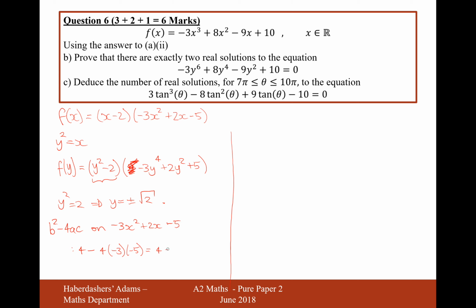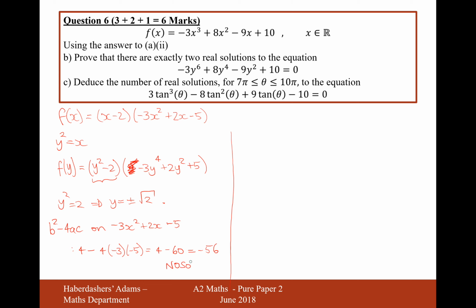So this is going to be 4 minus 4 times 3 times 5 is 60. Now how many negatives have we got here? 1, 2, 3, so that's a triple negative, so that's 60, so that's going to be minus 56.